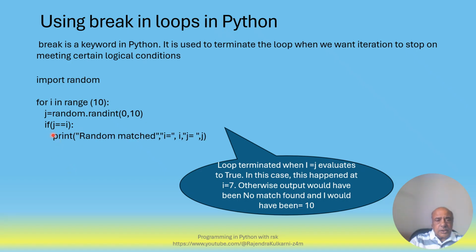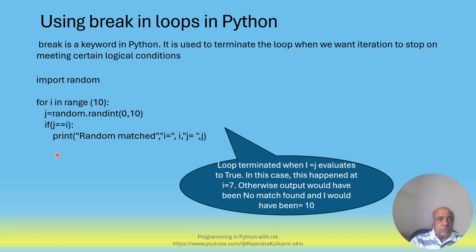What we are doing here with this j equal to i check is this: a random number between 0 and 10 is generated, and the loop executes with i starting at 0 and incrementing by 1 in every iteration. When i is iterating from 0 to 10, 0 to 9 sorry, if the random number generated is equal to i, we want to break the loop.